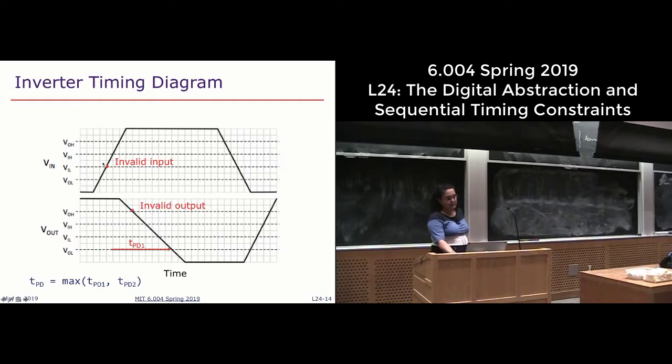Similarly, on my output, this is the point where my output reaches the transition between a valid and an invalid output. It's hard to get all these straight. So this is the point where my output drops below VOH and becomes invalid. The time between these two is called the contamination delay.